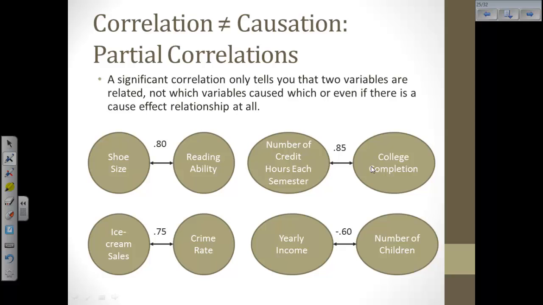So think about what that third variable could be, something that's related to yearly income and number of children. So how about education? How many years of college did you complete? So those who complete more college, more educated, tend to have a higher income. They also tend to have fewer children.